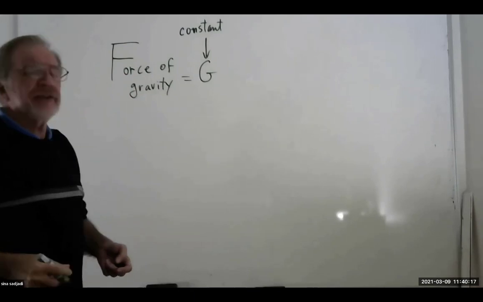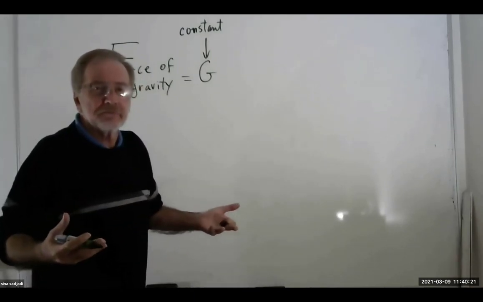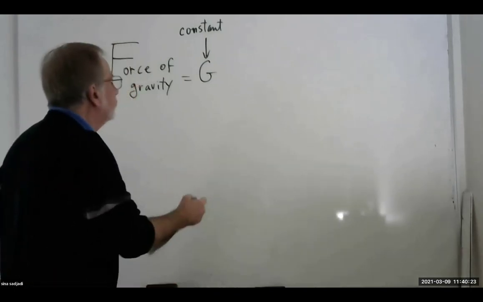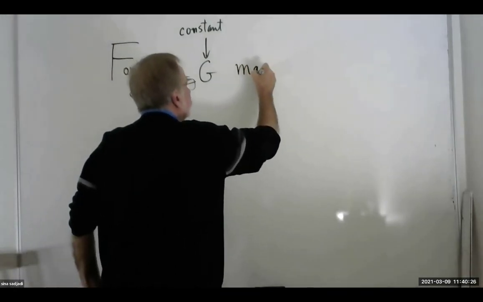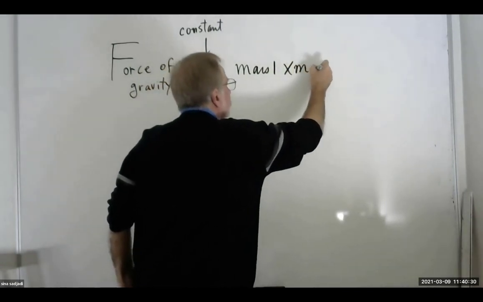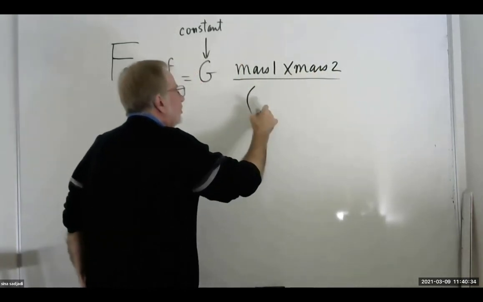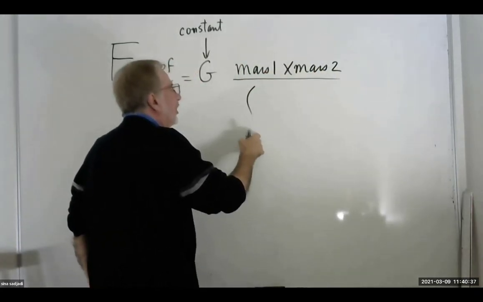All right, so that's what this is. It has to do with the mass of the atom in this universe. In other words, what is a proton's mass in this universe, basically? Then we have the mass of the first object times the mass of the second object. Divide that by the distance between the masses to the power of 2.